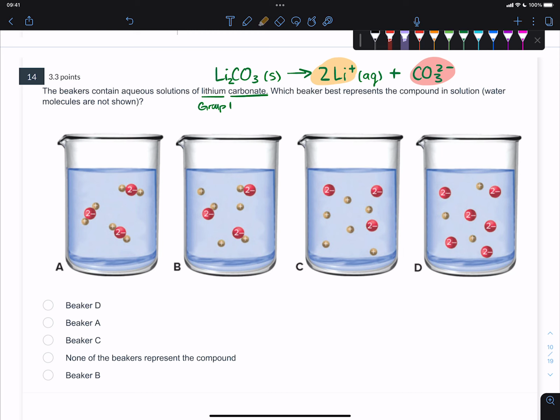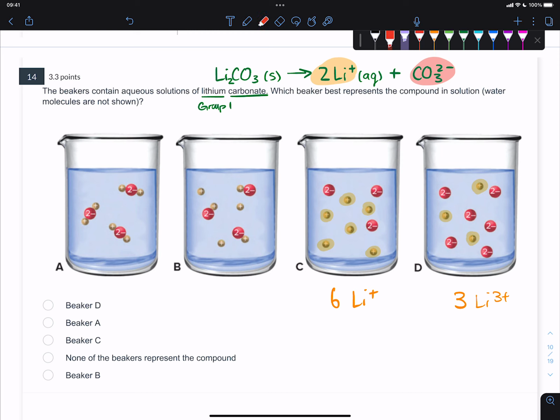So here's a lithium, a little positive lithium, 1, 2, 3, 4, 5, 6. So there are 6 lithium ions. Over here though, there would just be 1, 2, 3. So there'll only be 3 lithium ions. So looking at your ratios, you got to keep going with them and see what is going to play out.